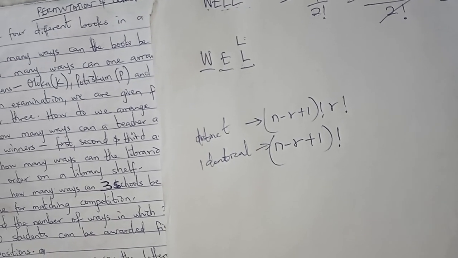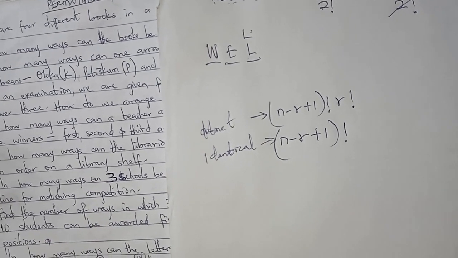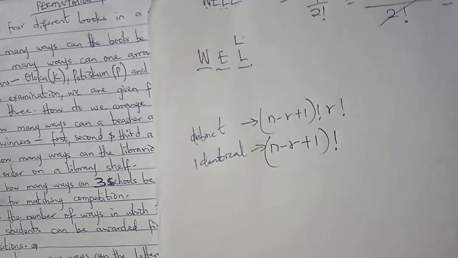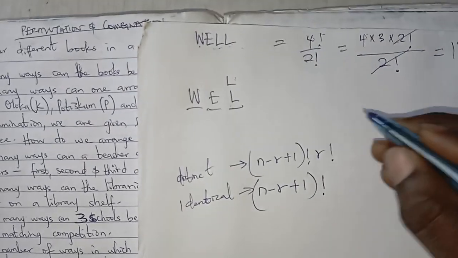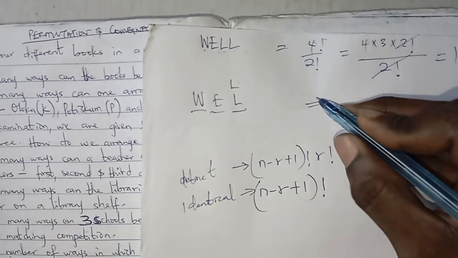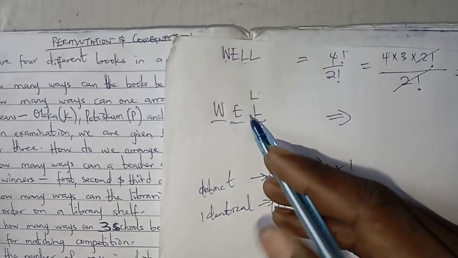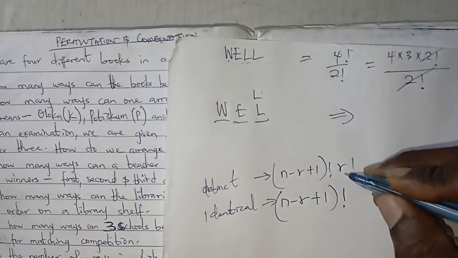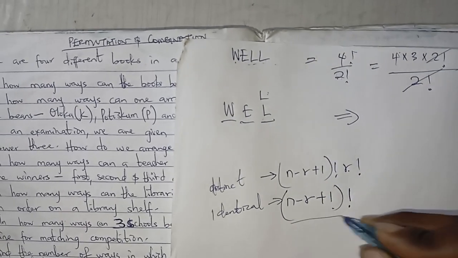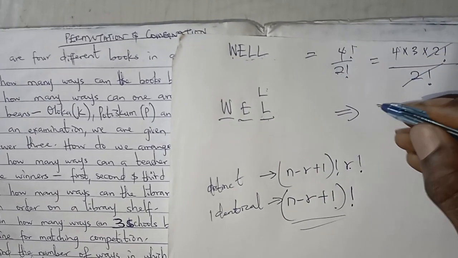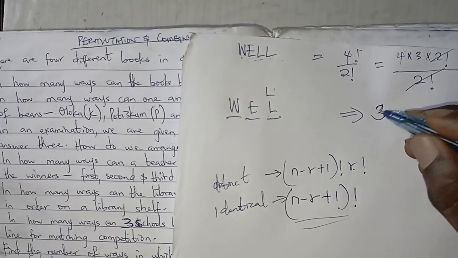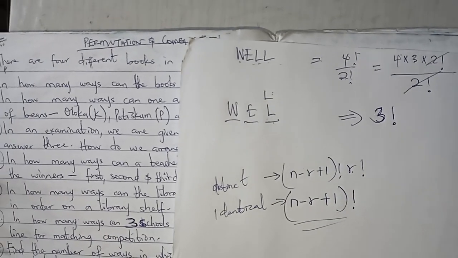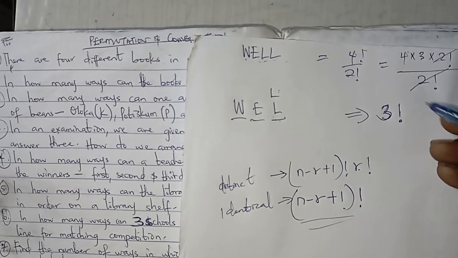Let's do it for this one. To make them be together because they are identical, instead of doing it the other way, I'll just use this formula. When they are identical, I'll simply do 3 factorial. I will no longer have the 2 ways they can occur.